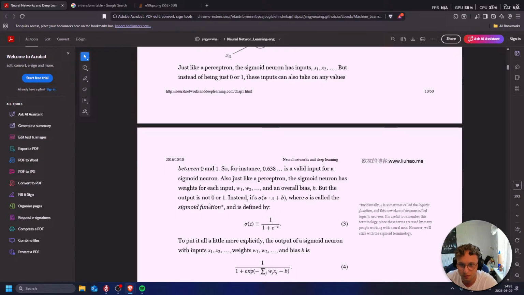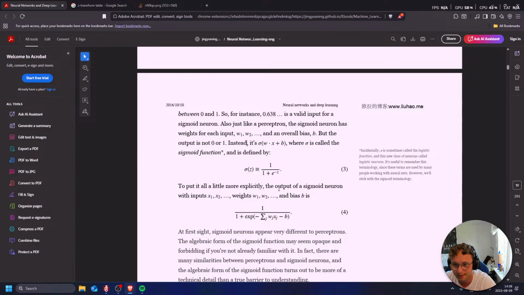To put it a little more explicitly, the output of a sigmoid neuron with any amount of inputs, weights and a bias is just a static value equal to this. This is the generalization: if you input the general amount of inputs, you will essentially get this value here. So this is just a way to write the exponential.